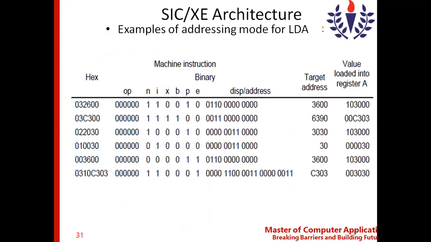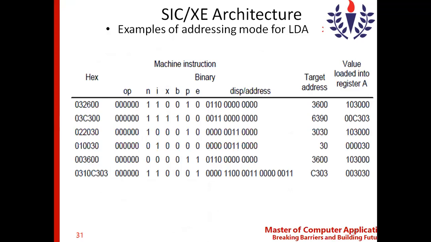In the first example, look at the N and I bits on the first line. Both N and I bits are 1. If N and I are 1, then it represents the simple addressing.